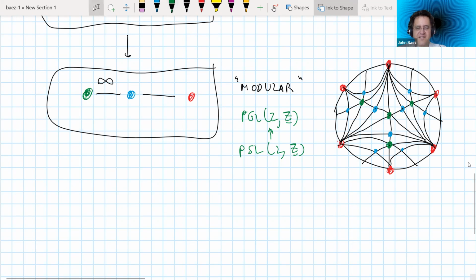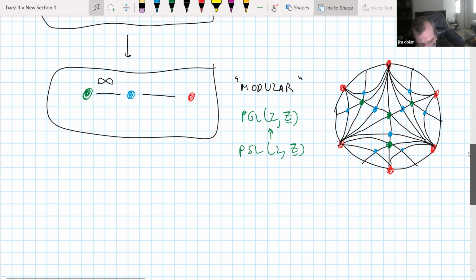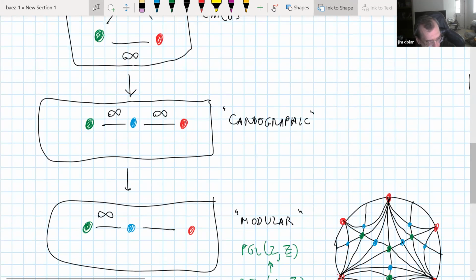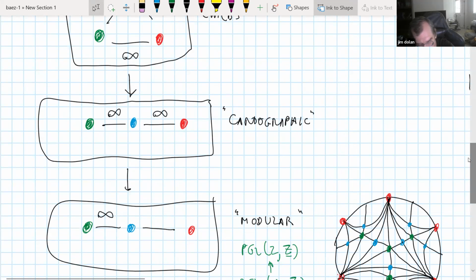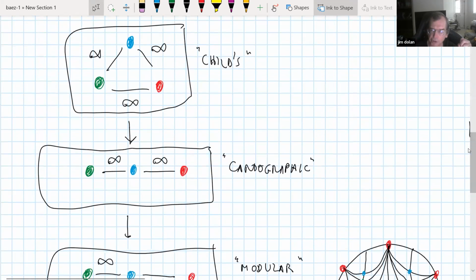Yeah, but for us, the important homomorphism at this point is this composite one that we're drawing here, which is a surjective group homomorphism from the child's Coxeter group to the modular Coxeter group, or from the child's Coxeter rotation group to the modular Coxeter rotation group.